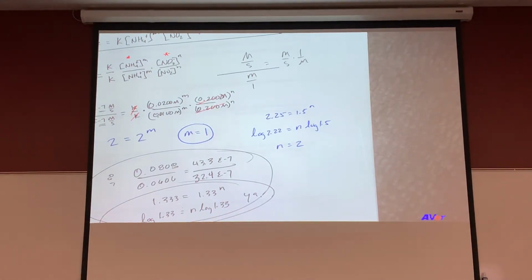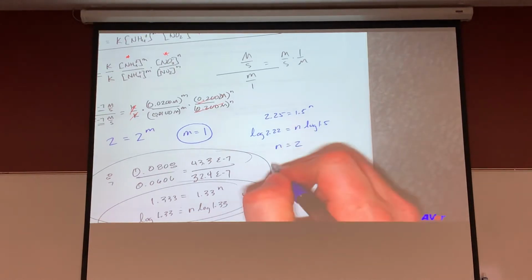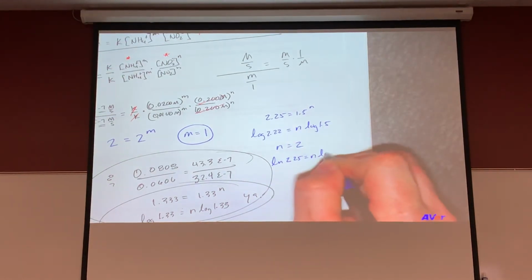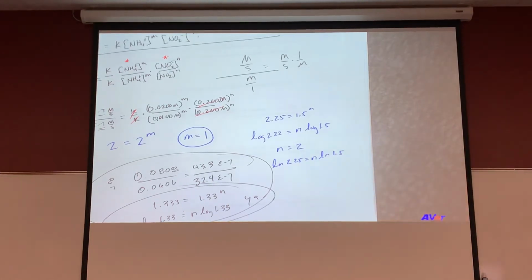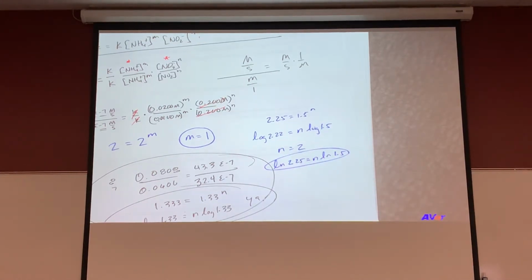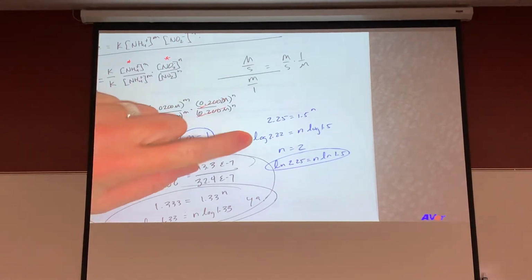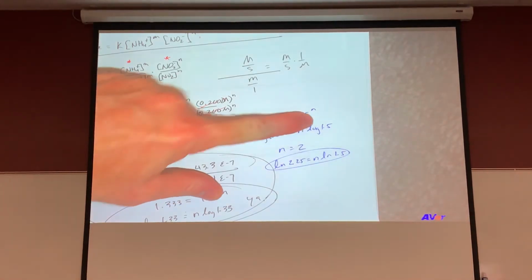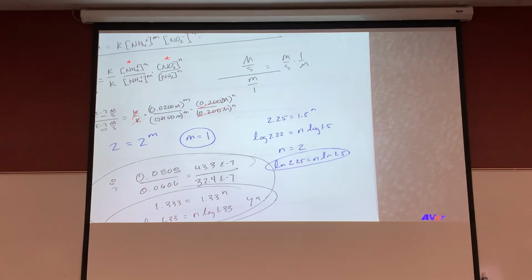It'll work. And if you really didn't like logarithms, you could do natural log, and that'll work too. I think your book does natural log. You can do natural log, you can do regular logs, or you can see the 1.5 squared is 2.25 and that's a 2. They all give you the same answer.